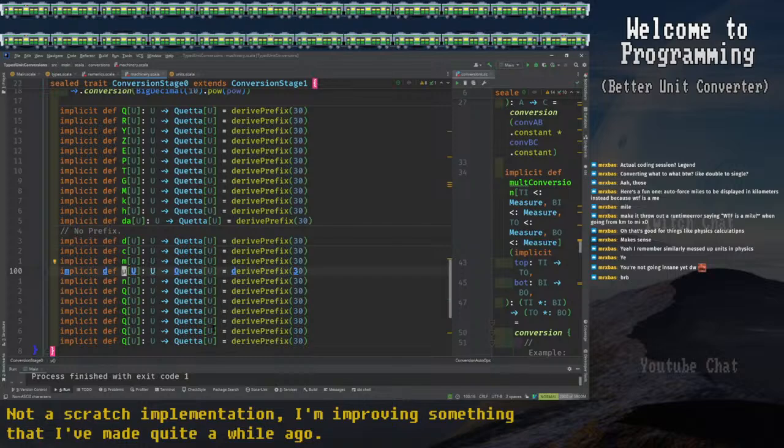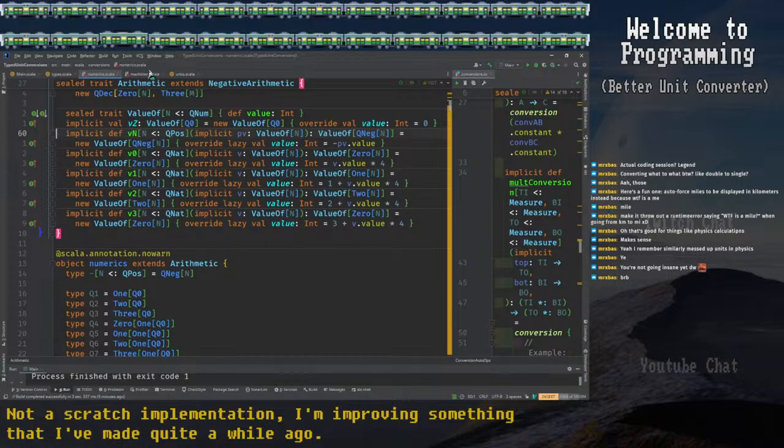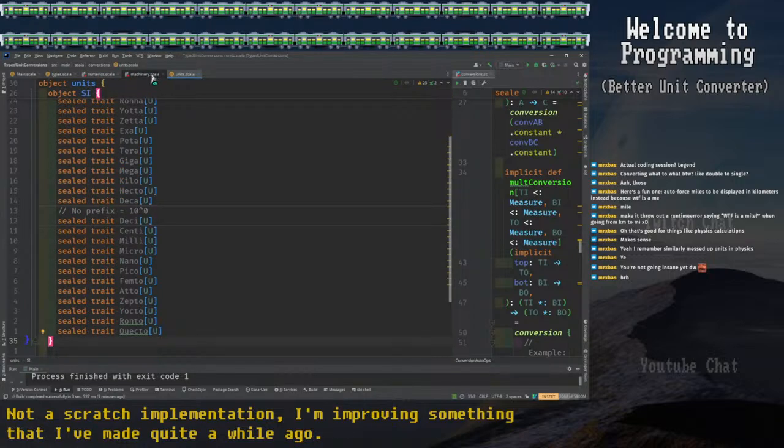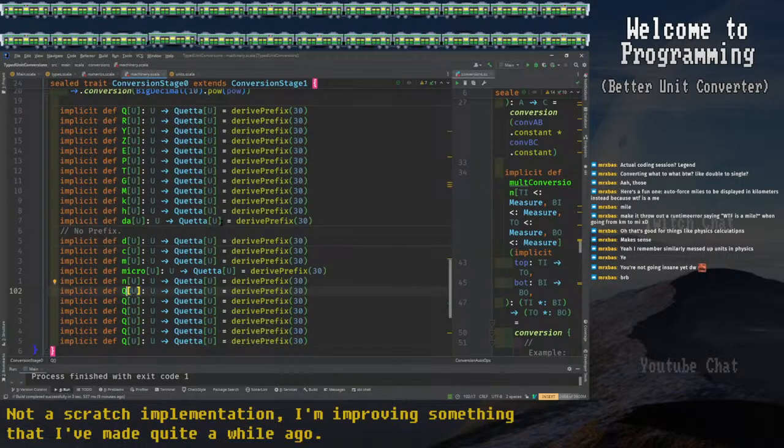Non-ASCII... Fine. Fine, ruin my fun, will ya? P, F, A, Z, Y, R, Q. And I don't need that one. Oh, whoops.